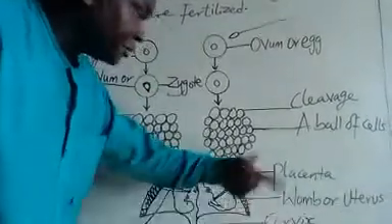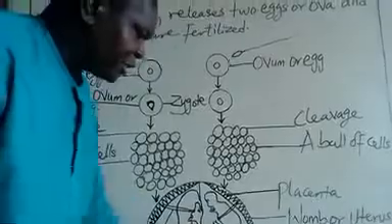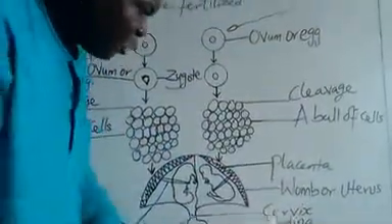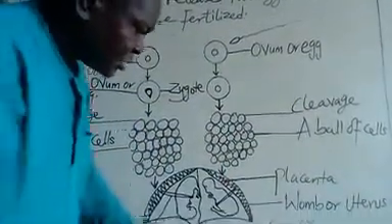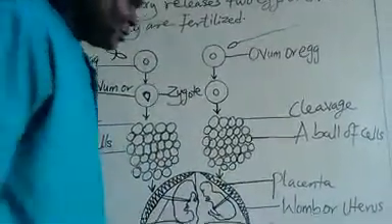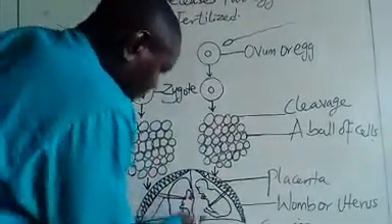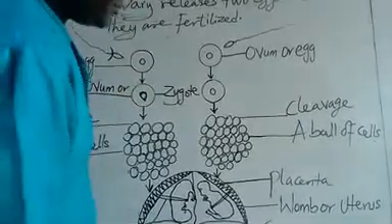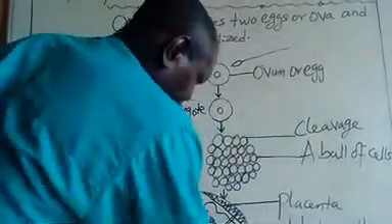It is used for menstruation. It is used for urination. It is used for sexual intercourse. It has different functions, as you can see.